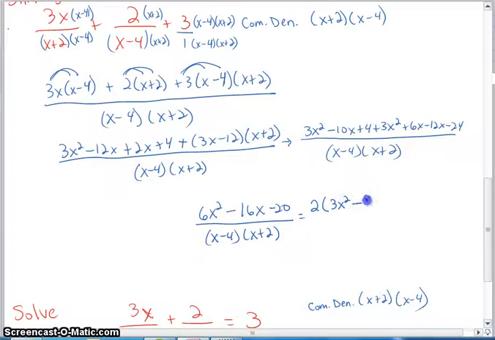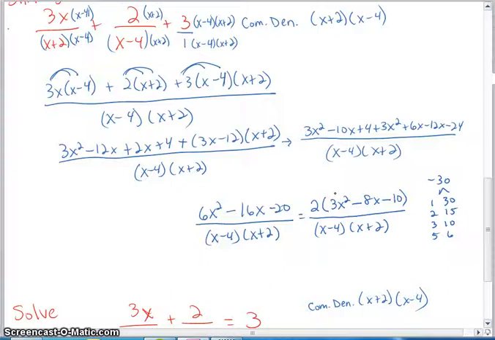So I have 3x squared minus 8x minus 10. So then what are the things that multiply to negative 30 and add up to negative 8? That could be 1 and 30, 2 and 15, 3 and 10, 5 and 6. None of those multiply to negative 30 and add up to a negative 8. So this cannot be factored. So this is my final answer.